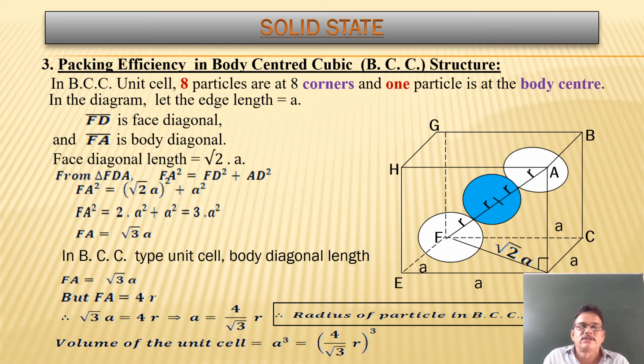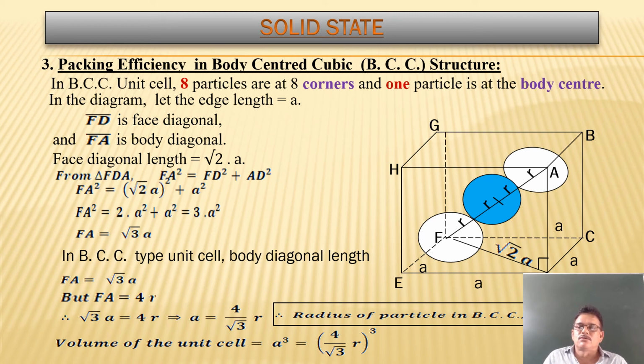Therefore, root 3a is equal to 4r or a is equal to 4 by root 3 r. Okay. Next, from this, r becomes equal to root 3a by 4. That means radius of particle in BCC is equal to root 3 by 4 a.